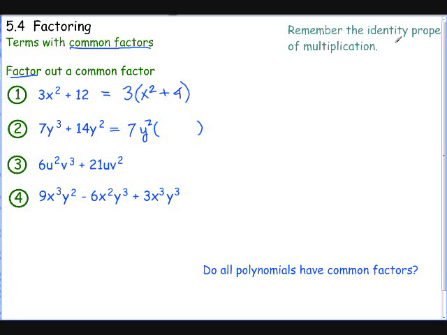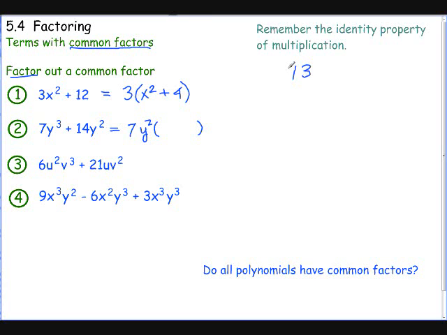Up here I have a little reminder for you. Remember the identity property of multiplication. What was the identity property of multiplication? That anything retains its identity. Let me just pick a number, 13. 13 retains its identity when it is multiplied by 1. Right? It's still 13.